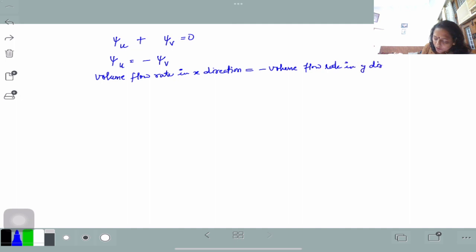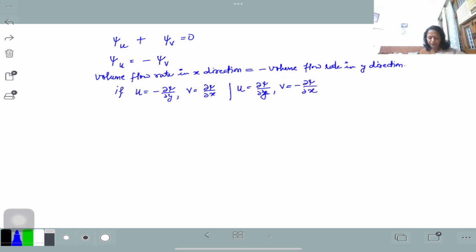So with the help of one, you can find the other one. This is another property. So if I say that u is equal to minus delta psi by delta y and v is equal to delta psi by delta x, I may write it vice versa. u is equal to delta psi by delta y and v is equal to minus delta psi by delta x, right?